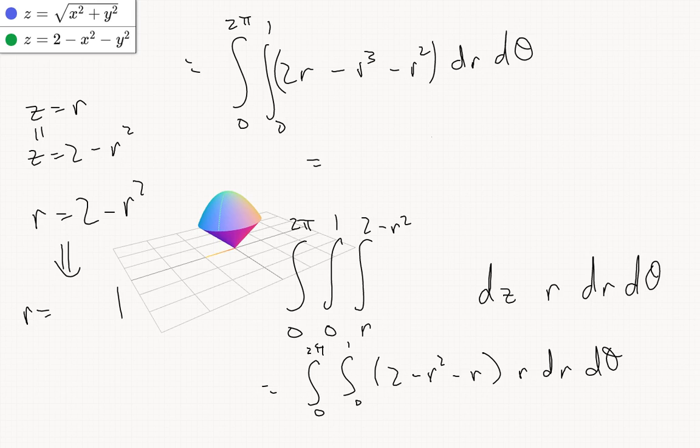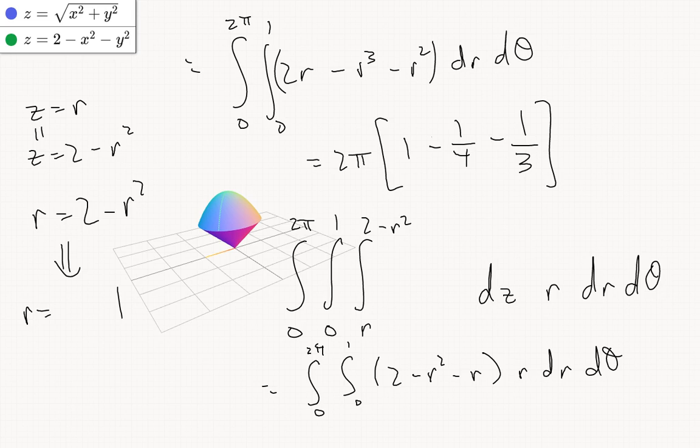And so the integral with respect to theta is going to give us 2 pi. And then inside, we'll evaluate at r equals 1. So 1 minus 1/4 minus 1/3.